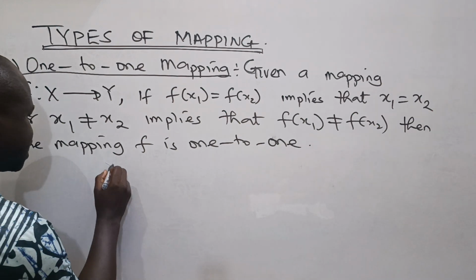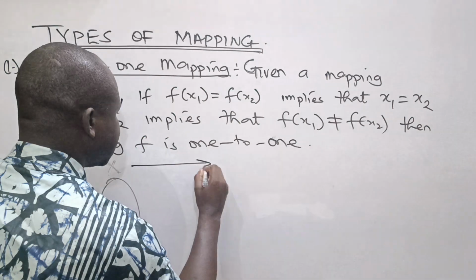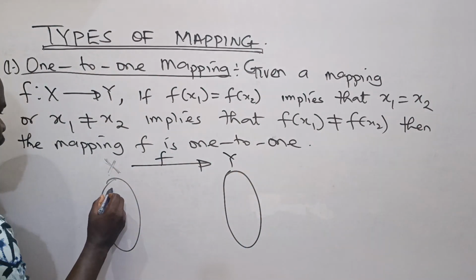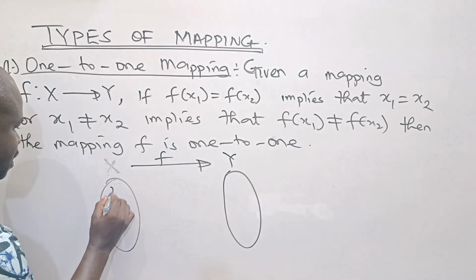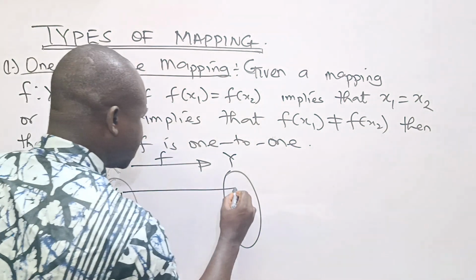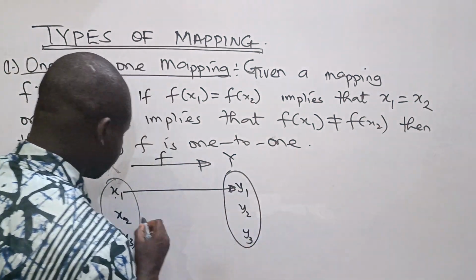For instance, let's say this is X, and this is the mapping F, this is the relation, and this is Y. Let's say we have elements X1, X2, X3 here, and the same thing as Y1, Y2, Y3 there.